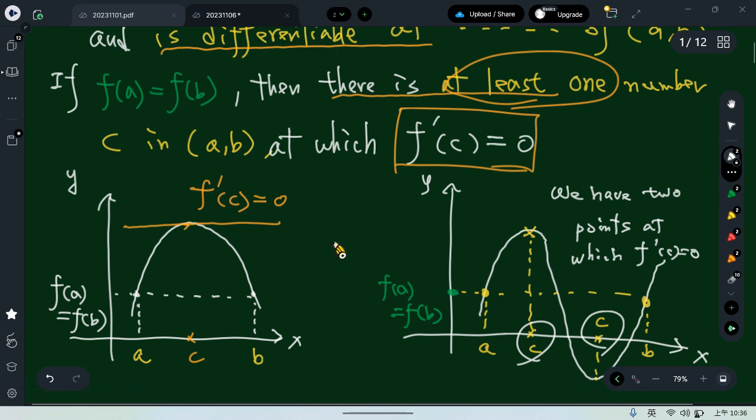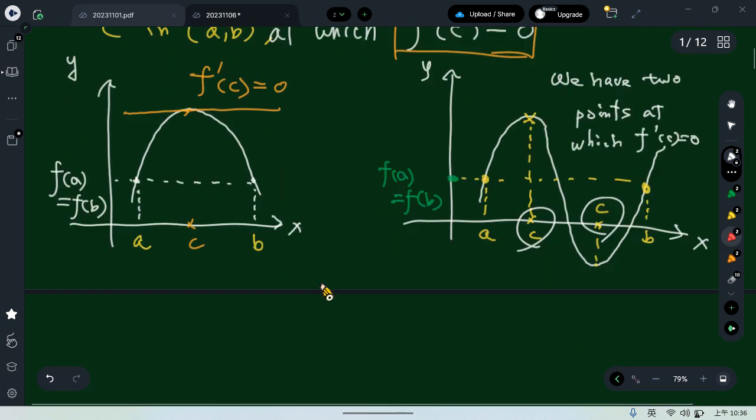Okay, so it's not that hard to imagine that if it's a continuous function climbing up, then it must climb down so that you can reach the point with the same value as A, right? So maybe it's also possibly like this case.